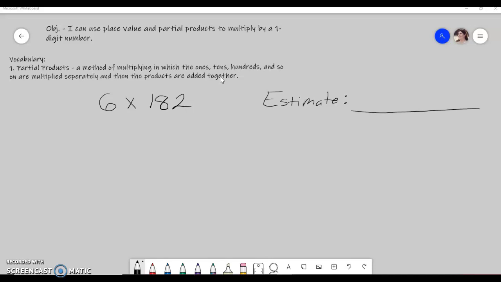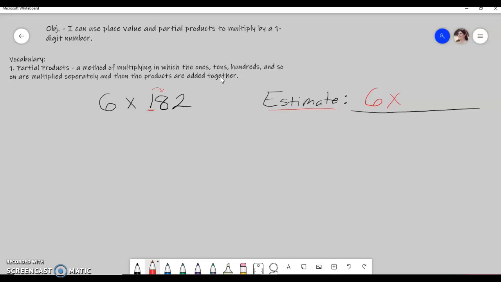Now, before we get started, one thing that they want us to do in 2.7 is to estimate our product. So we have to take 6 times 182 and estimate with it. First off, we're going to keep the 6 the same, because 6 is a pretty straightforward and simple number. But that 182, that's where it gets a little tricky. So what I want to do is round to my largest place value, which is hundreds in this case. And I have to think about my rules for rounding with the neighbor. 0 through 4, we leave it the same. 5 through 9, we're going to bump it up by 1.